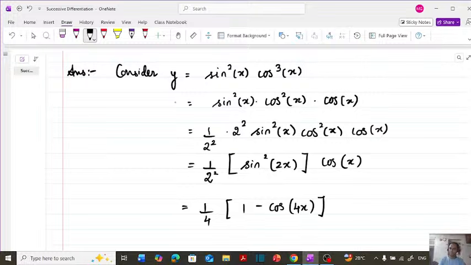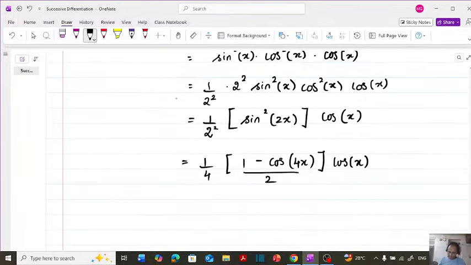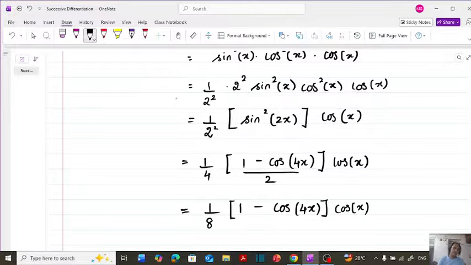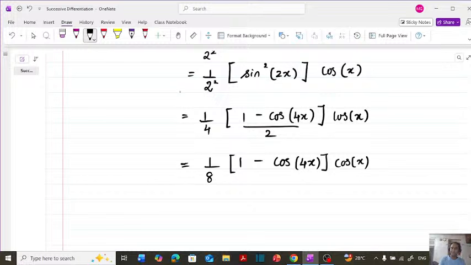Okay, so this is going to be cos x over 2, so this becomes 1 by 8 already. Now this is 1 by 8, 1 minus cos 4x into cos x. Now if you see, you are just doing basic trigonometry manipulation. So 1 by 8 cos x, and this is cos 4x cos x.